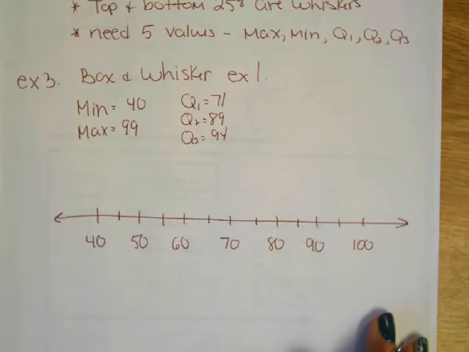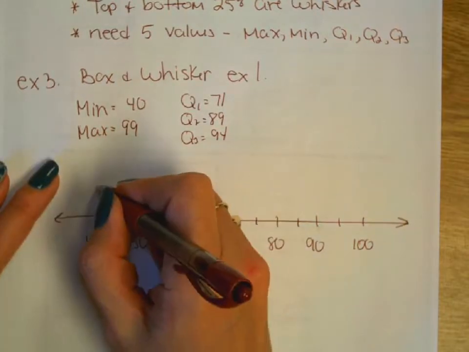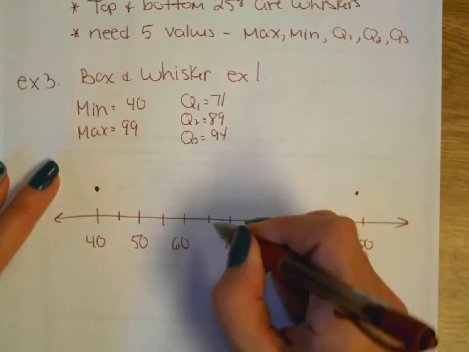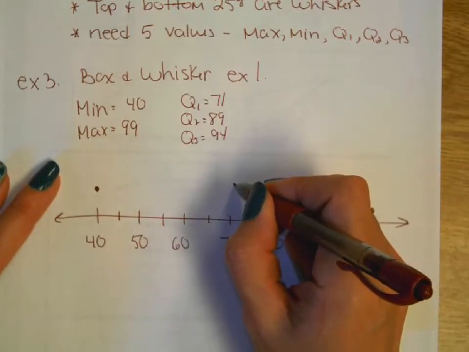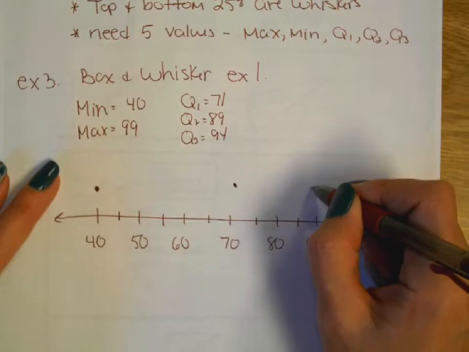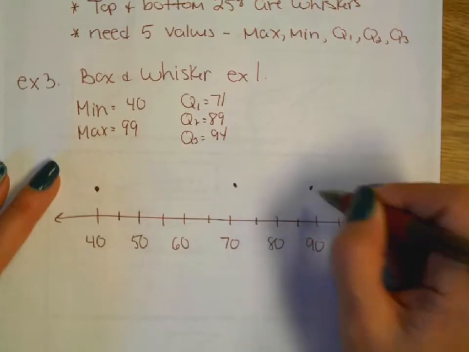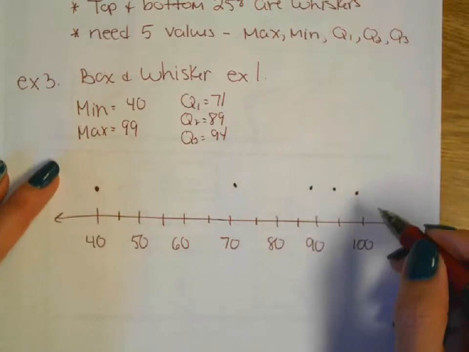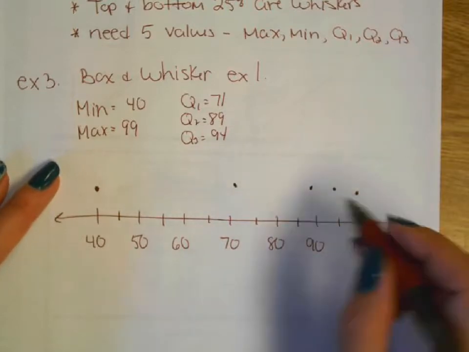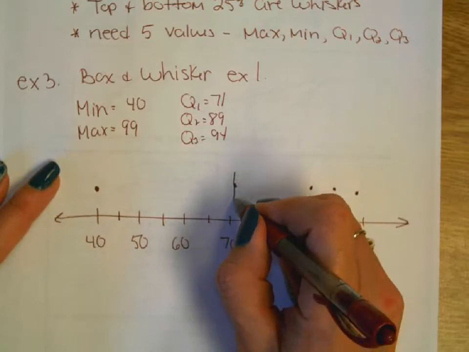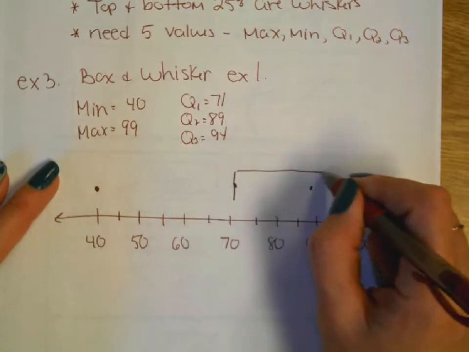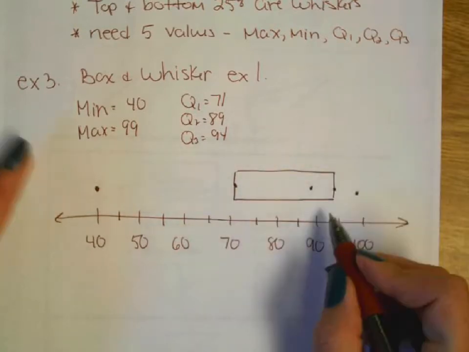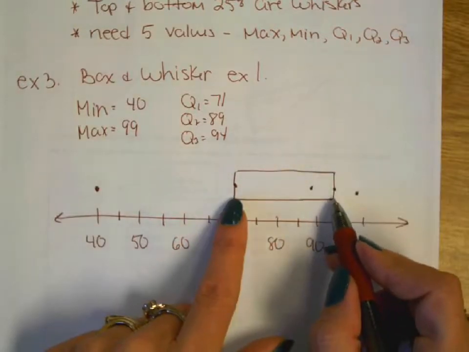Okay, so if you mark your 5 values, 40, 99, 71, 89, and 94. Okay, remember the middle 50% are the box, so that's from quartile 1 to quartile 3. So what that's showing is 50% of your data values are in here.